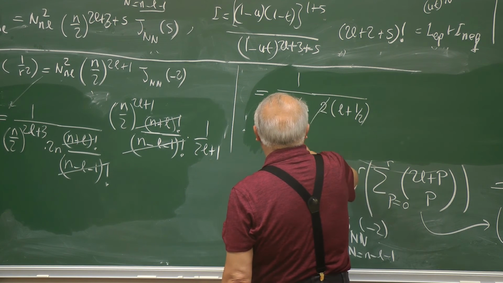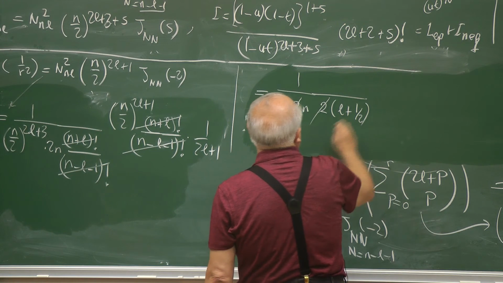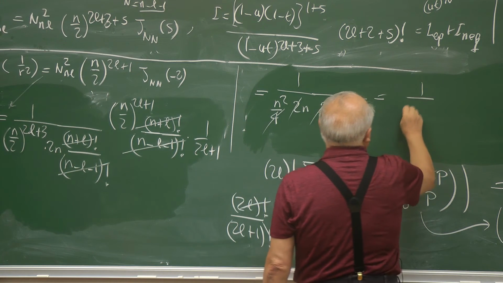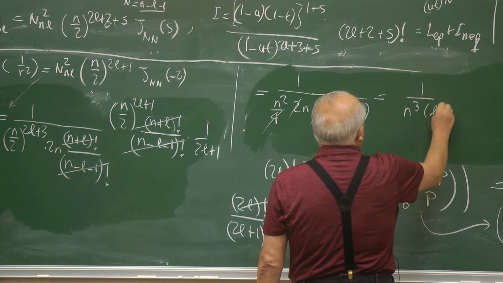So this is 4, cancels that. So it's equal to 1 over n cubed (l plus a half).